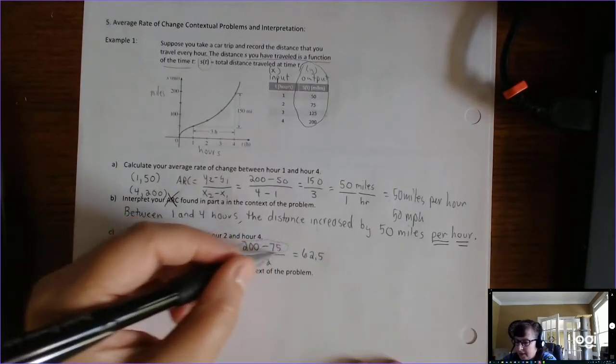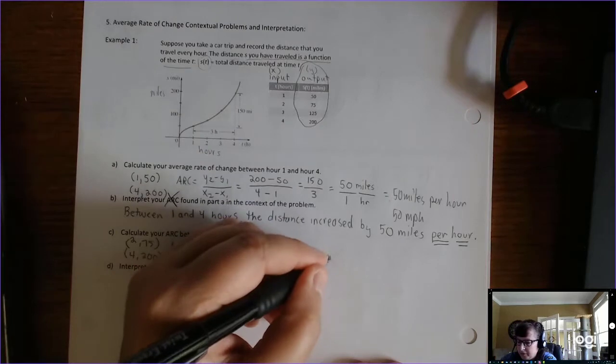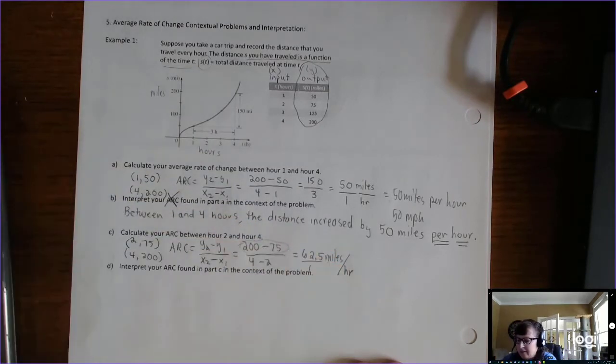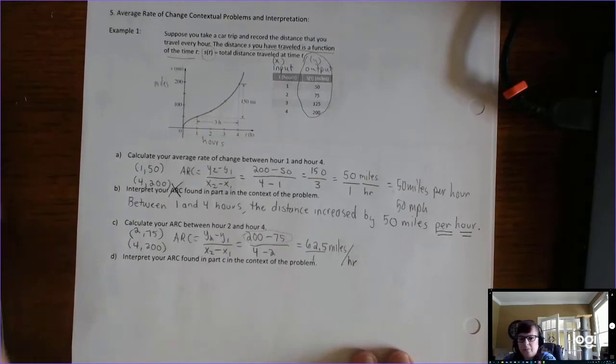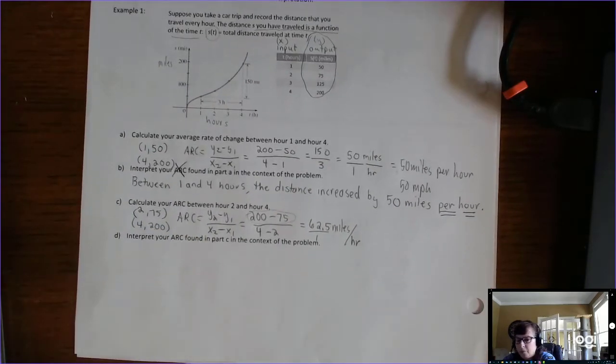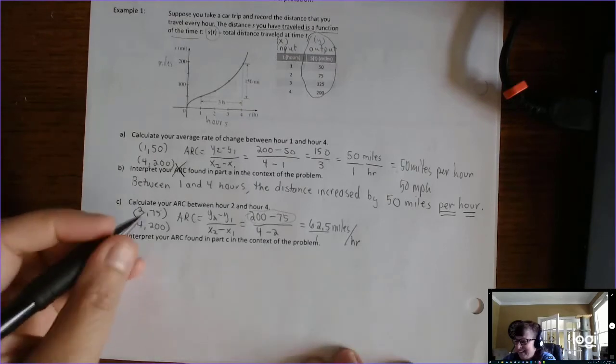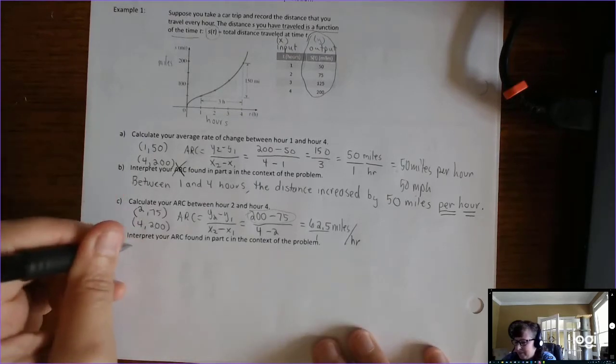Alright, let's figure out what the units are. Remember, y units, so miles, x unit. So 62.5 miles per hour, that is your average rate of change. So when we interpret the average rate of change, we don't use the word average rate of change. Can you tell people to do that? I don't want you to do that. Here's the template. You start out by the interval.